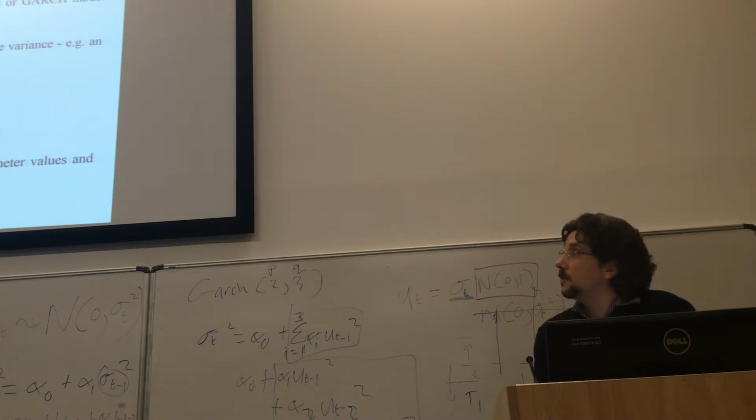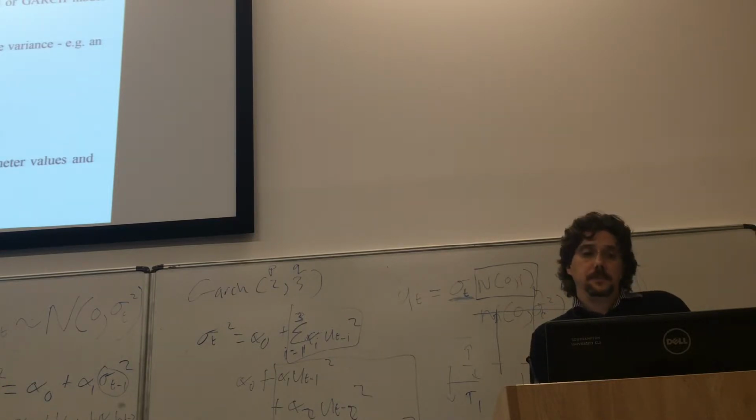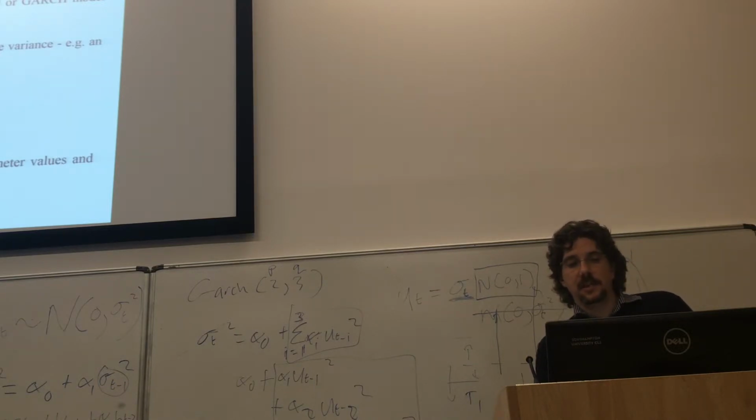So if this was the S&P 500 returns, they depend on an intercept and a lagged version of themselves and an error term. And then we've got a model for the variance of that error term. And it's given by alpha 0 plus alpha 1 times u_{t-1} squared plus beta times sigma_{t-1} squared. That's a GARCH(1,1) model. So given these two equations, we can select the values of phi, alpha 0, alpha 1, and beta.